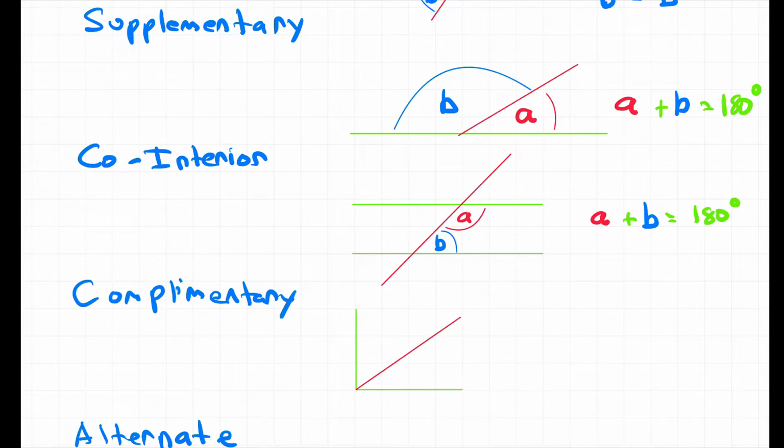So this is a 90-degree corner down here, and when we look at this one right here that we'll call A, and the other one up here that we'll call B, we notice that A plus B is going to equal 90 degrees.